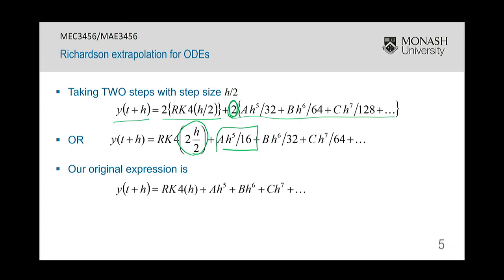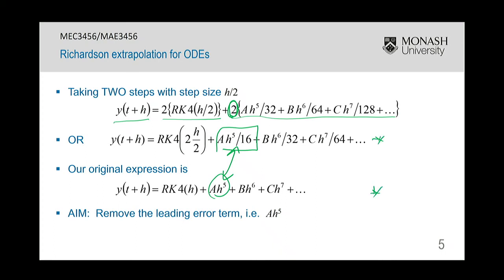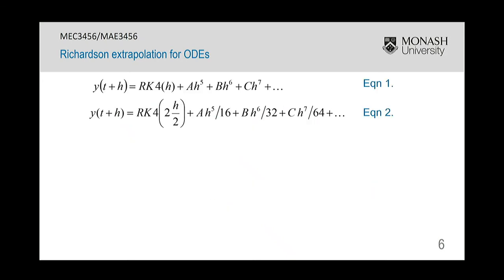So our original estimate using a step size of h is given by that equation there. What we now want to do is remove this a h to the 5th error term. We're going to use these two expressions to do that. So let's just write them out here, equation 1 and equation 2.